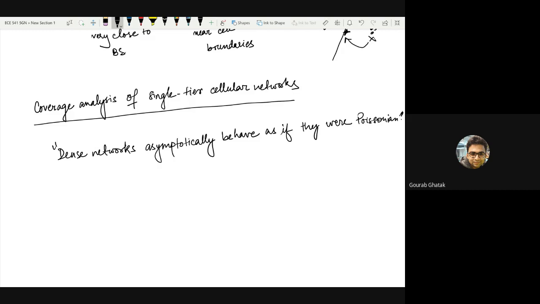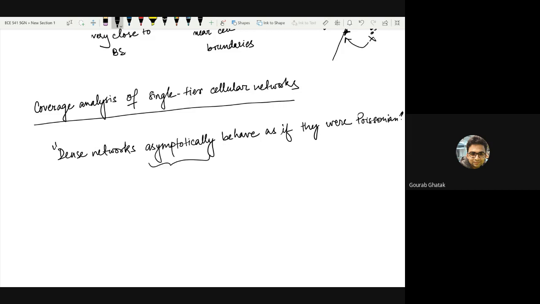Which will be true in the case of small cells, which are going to be deployed all around us. Some of them already have been, right? But if we are dealing with such networks which are densely deployed asymptotically, it means as the density goes towards infinity, it behaves as if the location of the base stations were Poisson distributed, right?